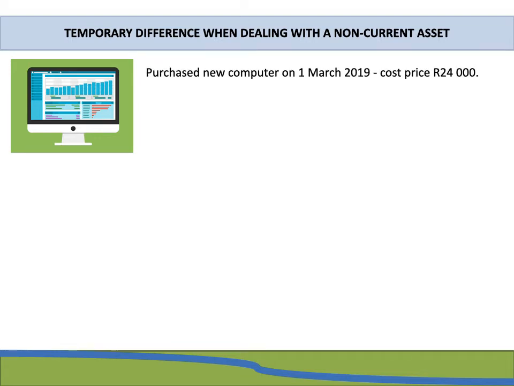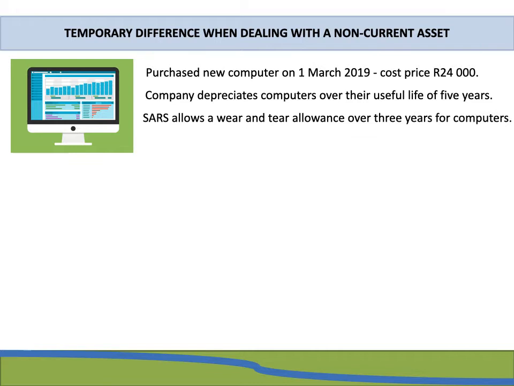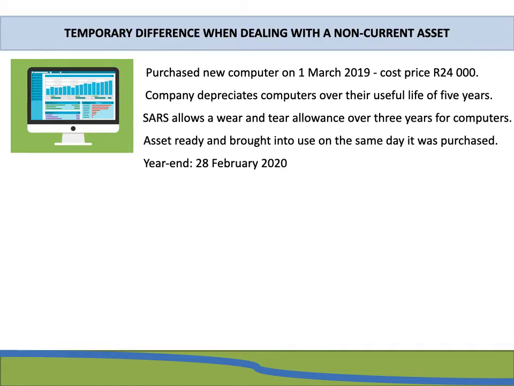The company depreciates computers over their useful life of 5 years, and SARS allows a wear and tear allowance over 3 years for computers. The asset was ready and brought into use on the same day it was purchased, in other words, on the 1st of March 2019, and the year end of the company is 28 February 2020.